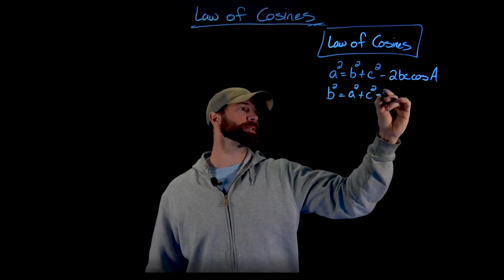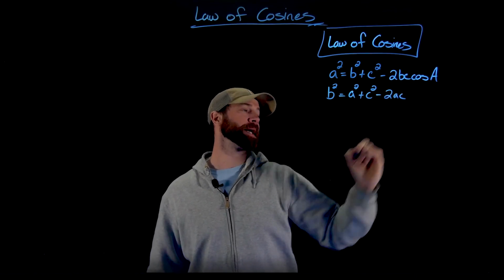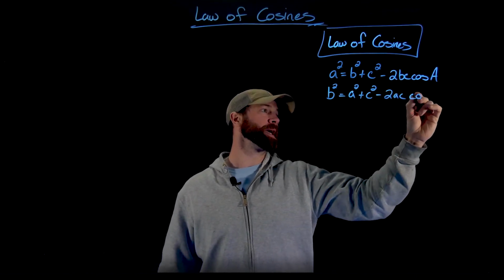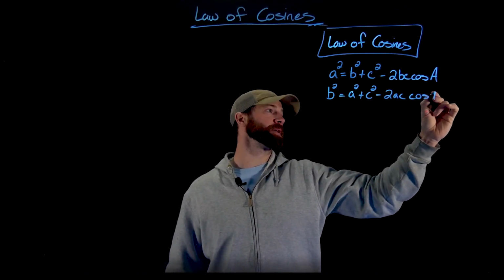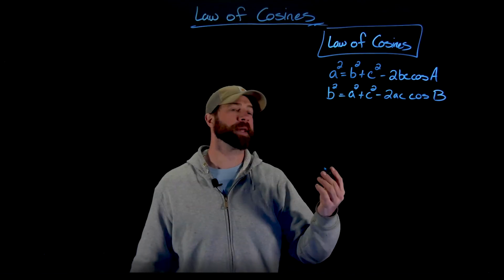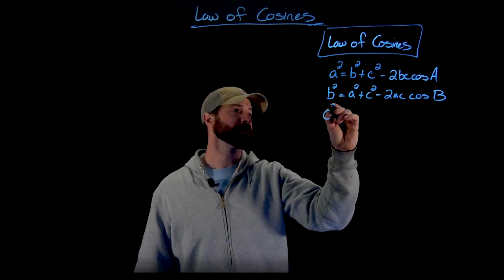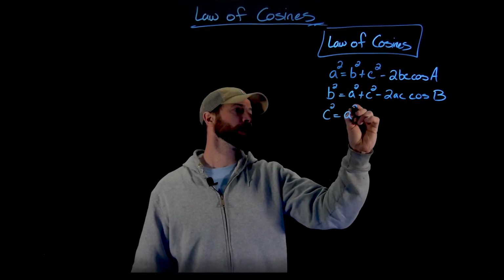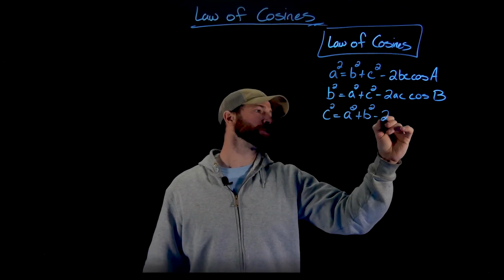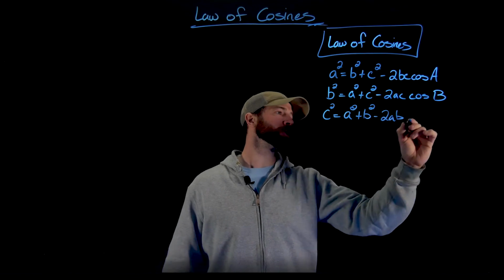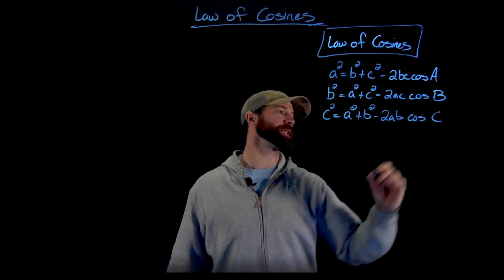So in this case, it's minus 2 times a times c, and then times the cosine of the angle opposite of this side length right here, which is b. And then to finish it off, if I had c squared here, this would be a squared plus b squared. And then I have minus 2ab, the cosine of C.